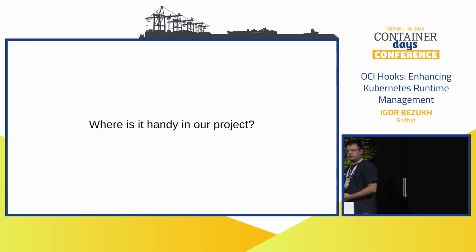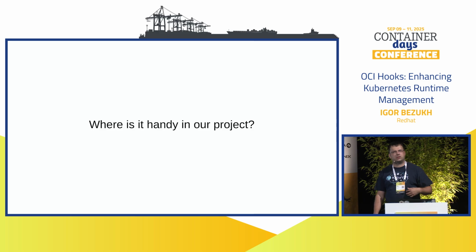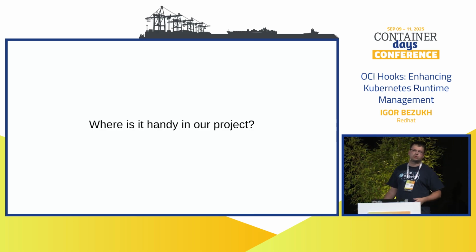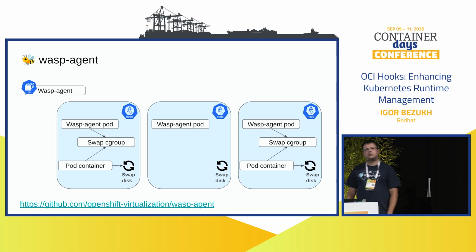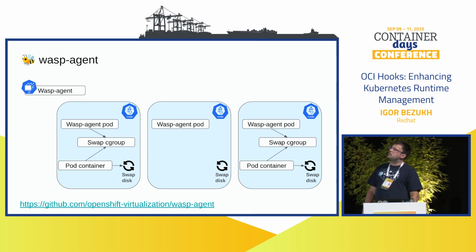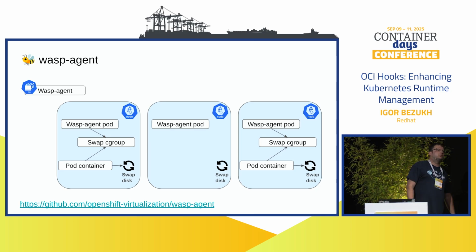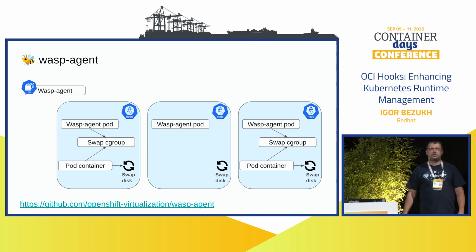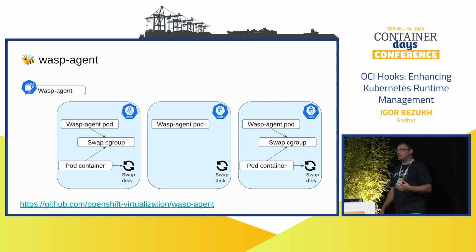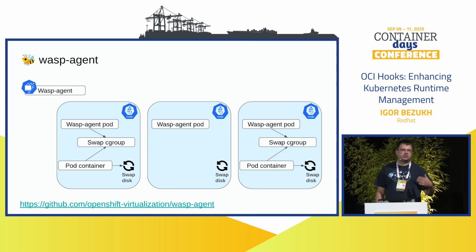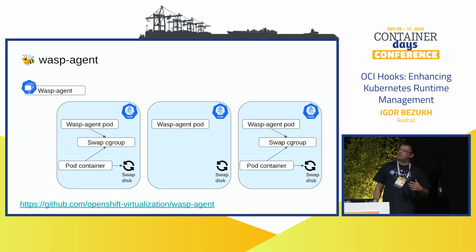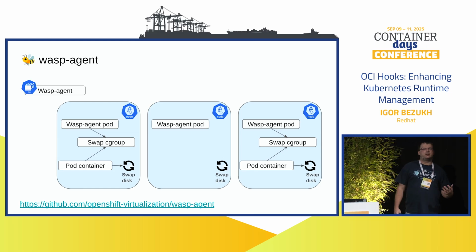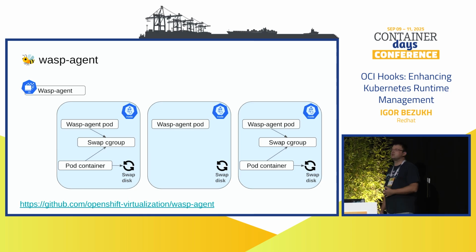So where it comes in handy in our project that we developed for OpenShift virtualization, we needed to opt in for swap memory. Now, swap memory in Kubernetes was in beta for I don't know how many decades. They didn't take it to GA because they were afraid of swap causing I/O latency and harming the quality of service of the pods.